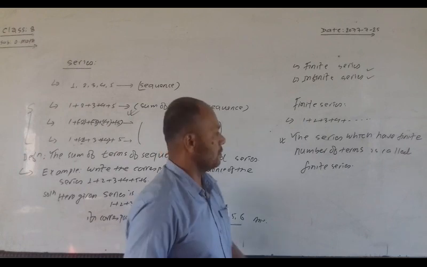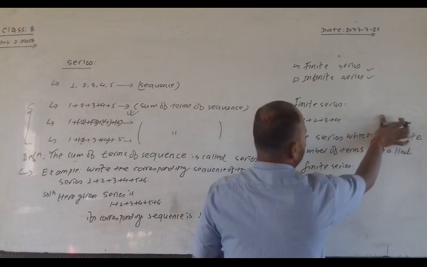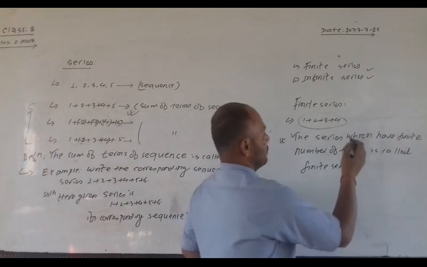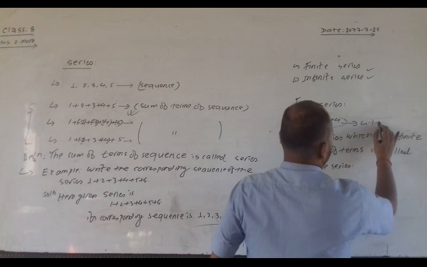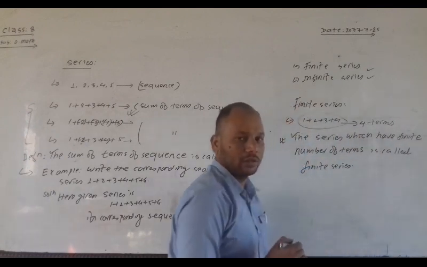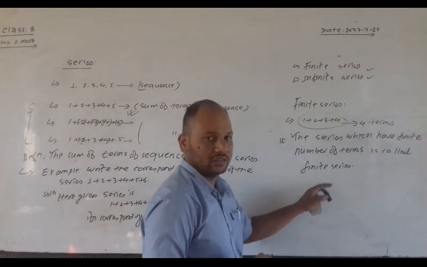How many terms here? There are 4 terms. It is a finite, countable number. The series which has a finite number of terms is called finite series.